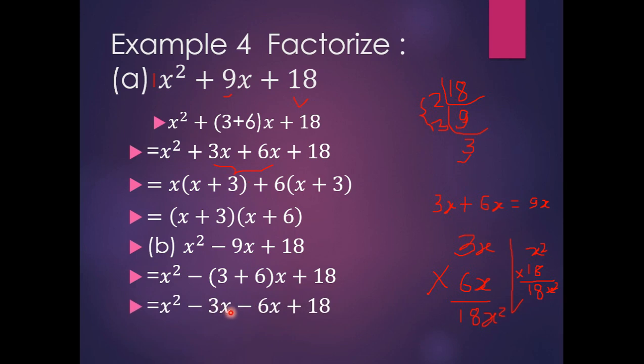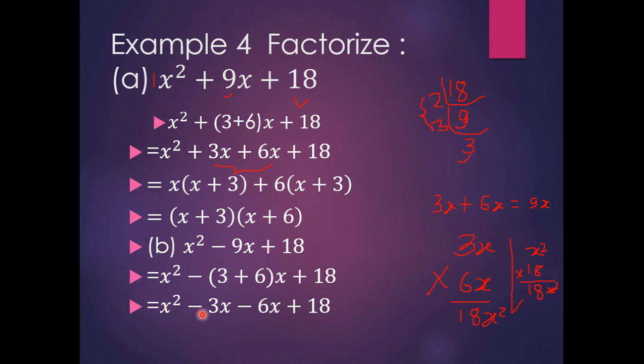So x square minus 3x minus 6x plus 18. The sum of the middle two is minus 9x, and the product of the middle two equals the product of first and last, 18x square. So that condition is satisfied here as well.